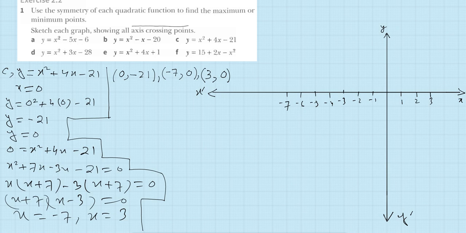And on the y-axis, I am taking 3 squares as 1. So this is minus 3, minus 6, 9, 12, 15, 18, 21, 24.